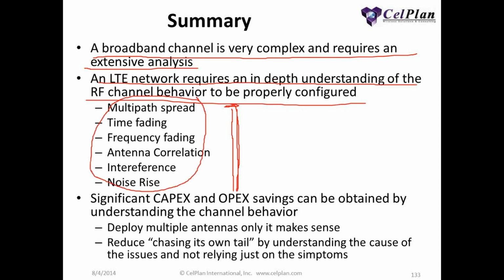Also, significant CAPEX and OPEX savings can be obtained by understanding the channel behavior. Suppose we want to deploy multiple antennas, does it make sense? It also reduces chasing its own tail by understanding the cause of the issues and not relying just on the symptoms. With this, we finish the presentation.